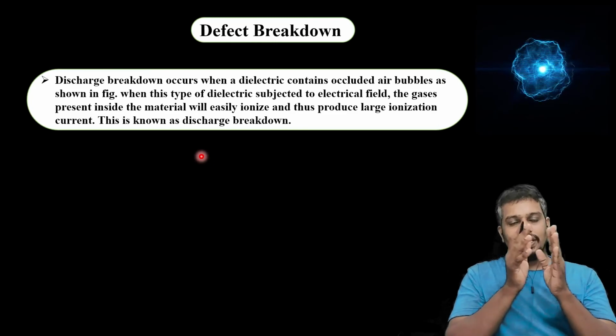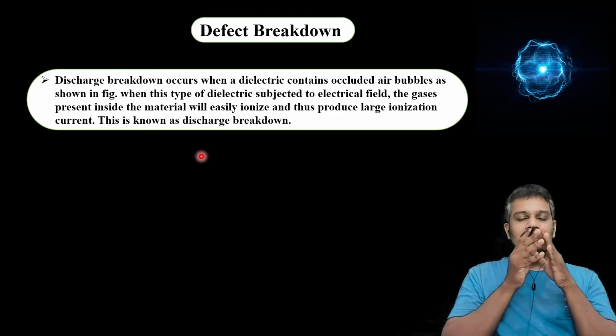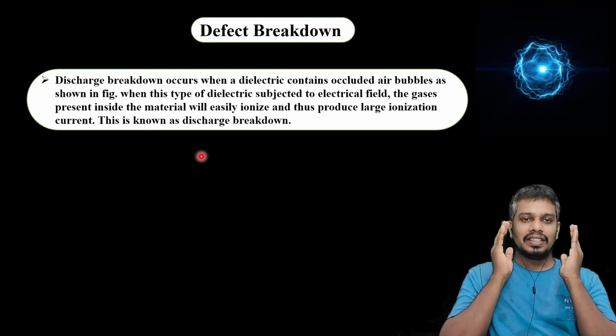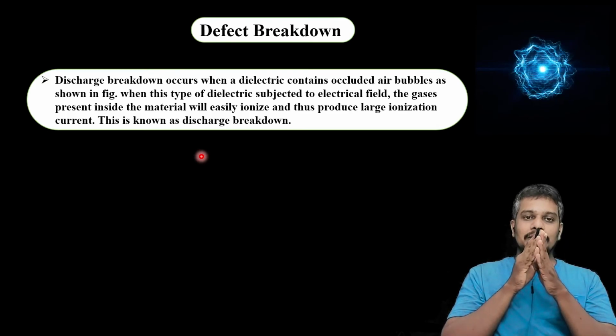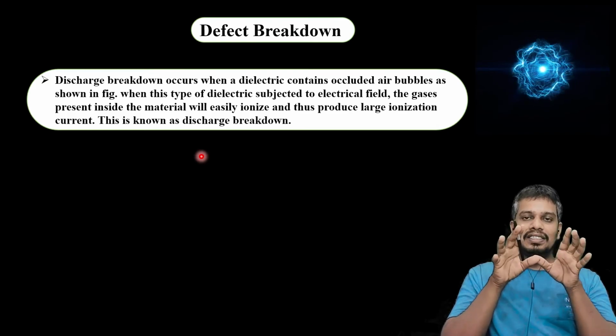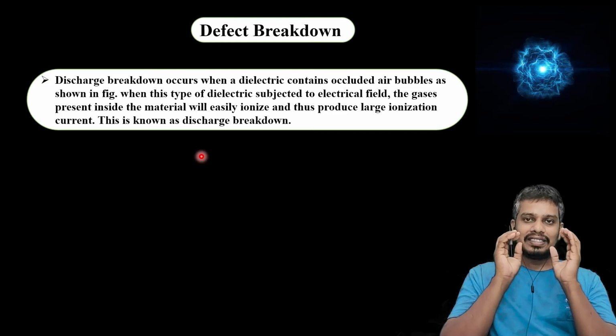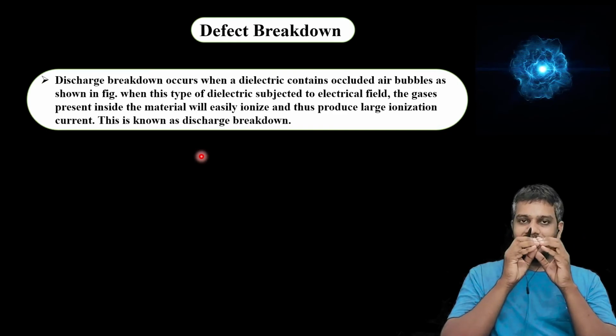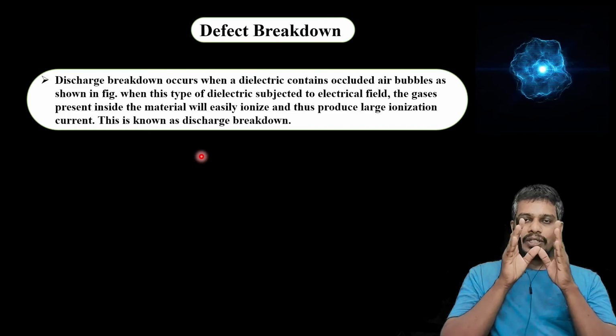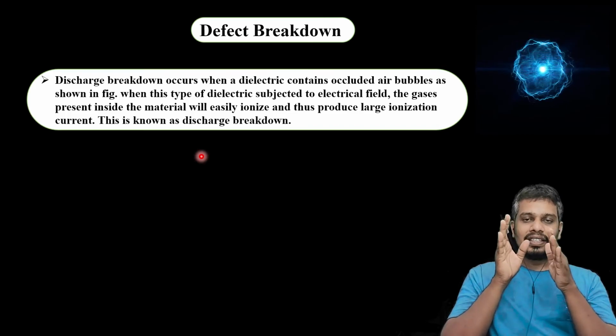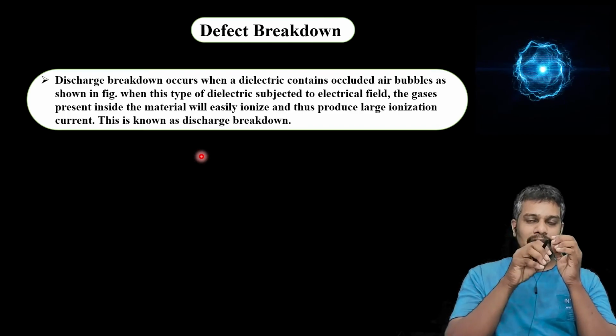So in today's lecture, we have just discussed what the breakdown mechanism in dielectrics is. In general, a dielectric is an insulator. It won't conduct. Even if you give the electric field, it will get polarized.